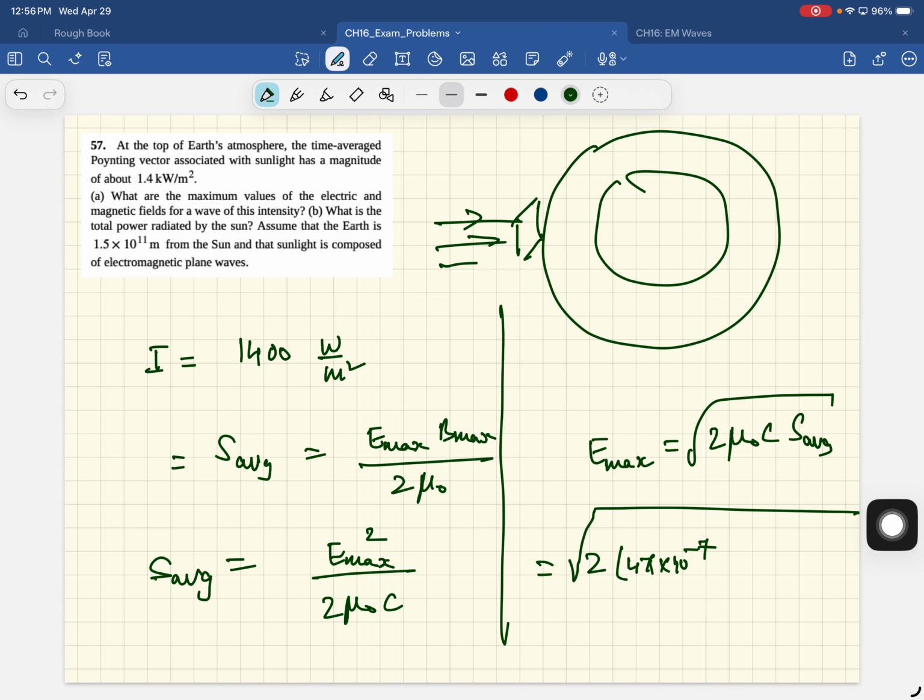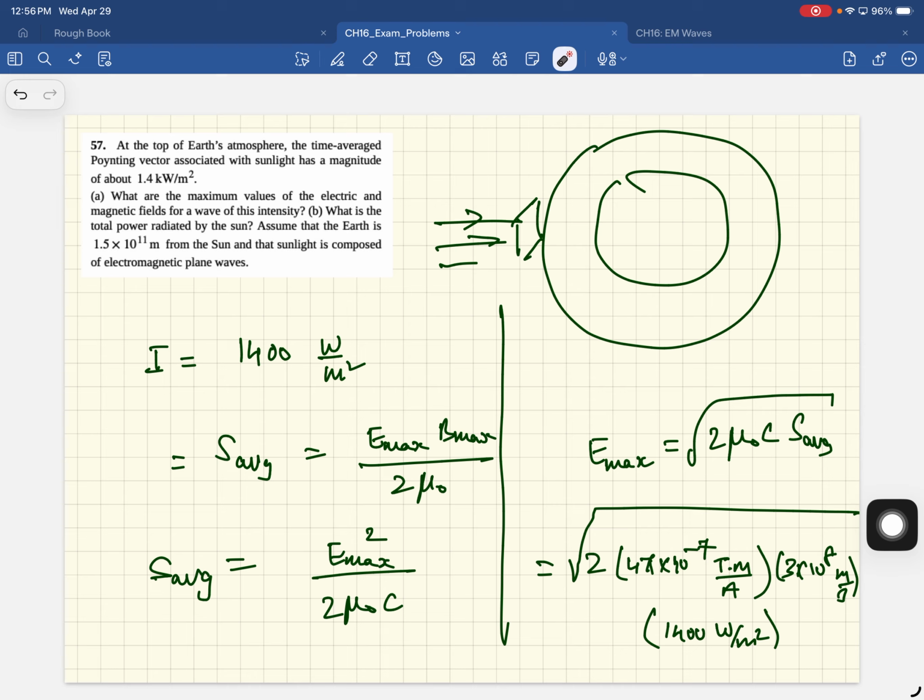Mu naught is 4 pi times 10 to the minus 7 Tesla meter per amp. C is 3 times 10 to the 8 meters per second. And S is 1400 watts per meter squared.